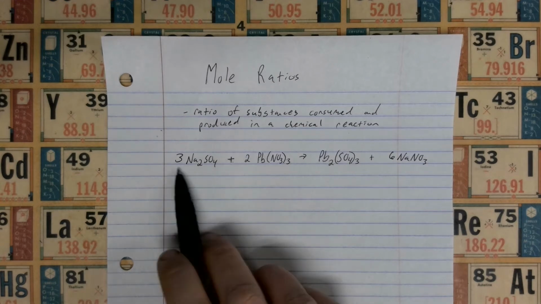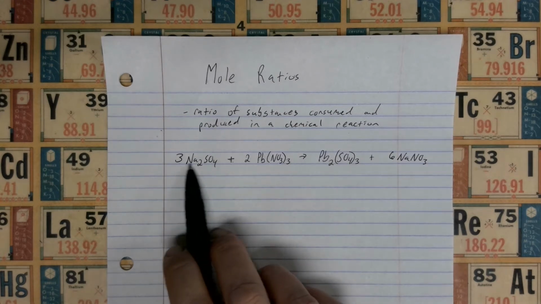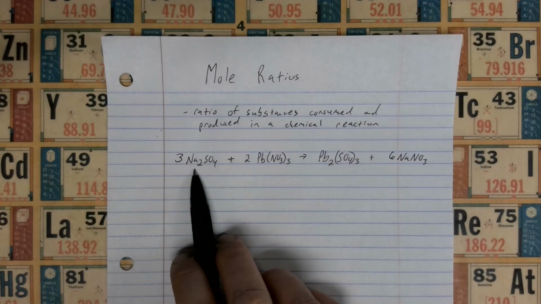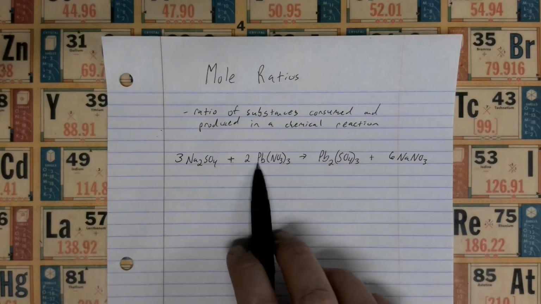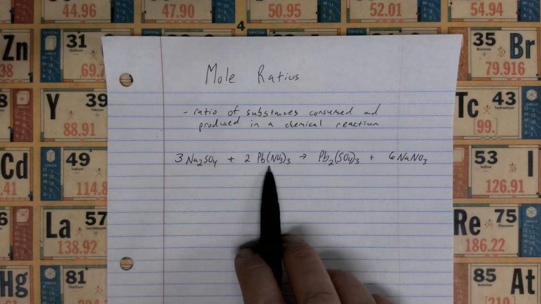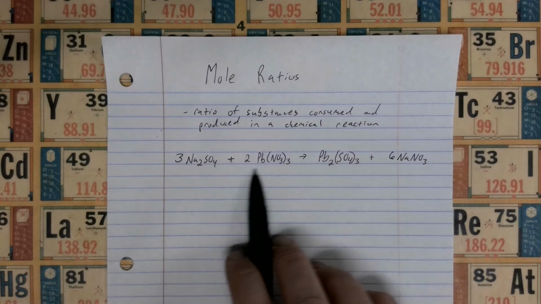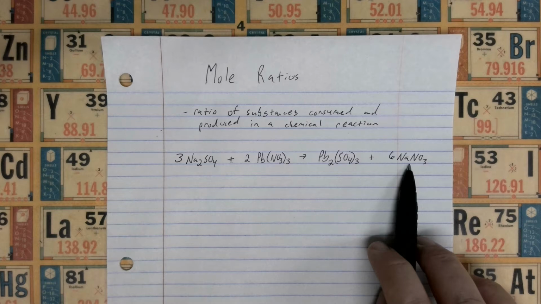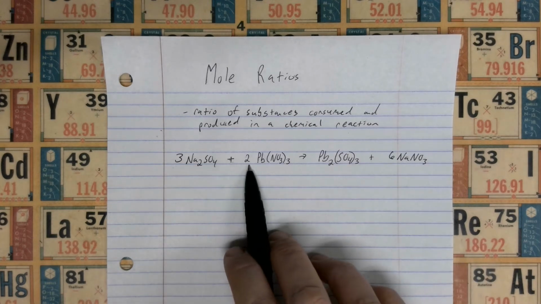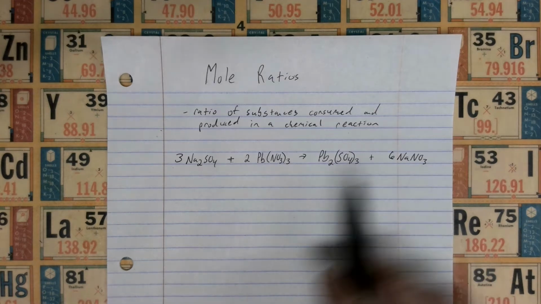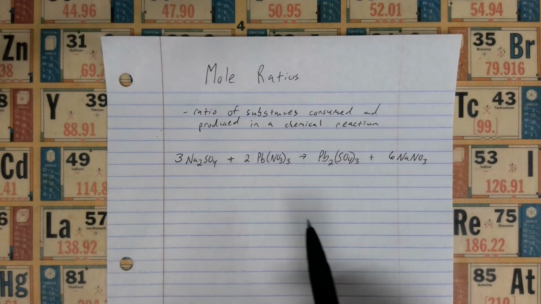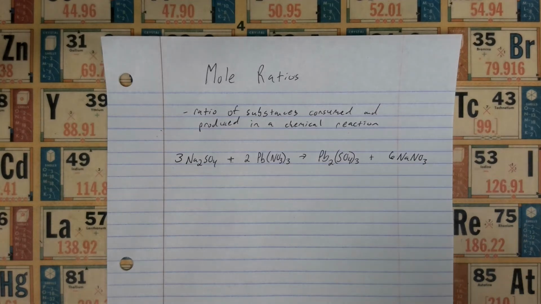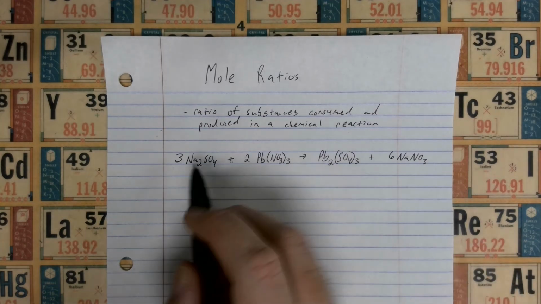What these coefficients mean is if I take 3 moles of sodium sulfate plus 2 moles of lead 3 nitrate, and I react them together, I'll get 1 mole of lead 3 sulfate out plus 6 moles of sodium nitrate. So 3 moles plus 2 moles will give me 1 mole plus 6 moles of those things.